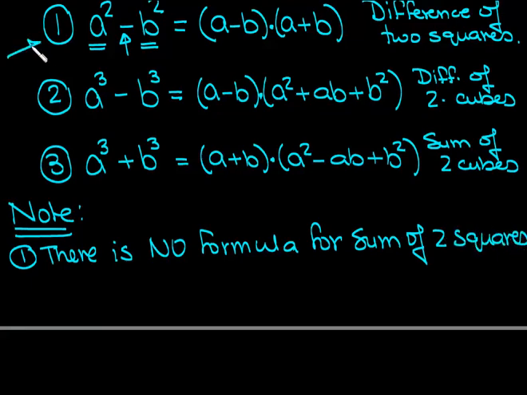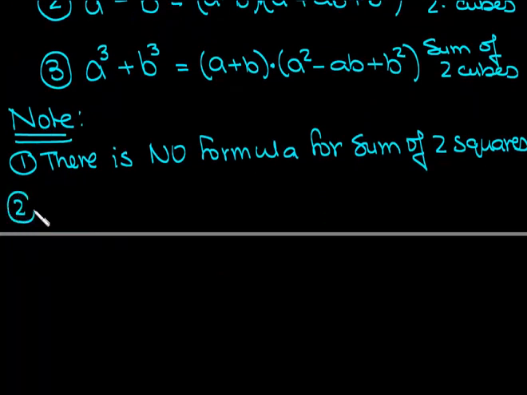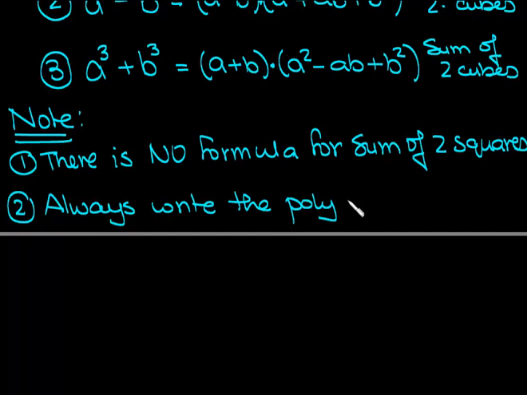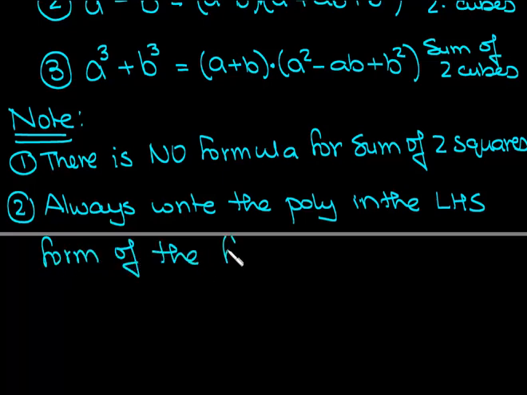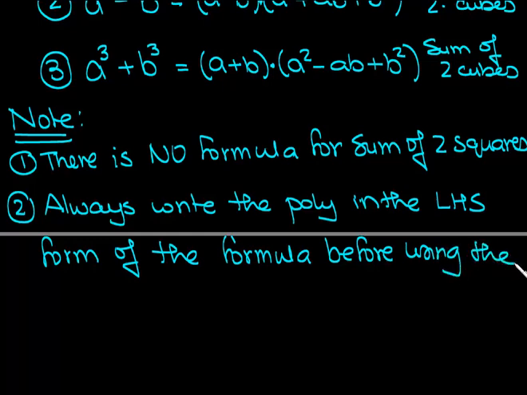There's a formula for difference of two squares, but there's no formula for sum of two squares. The second thing you need to note is always write the polynomial in the left hand side form of the formula before using the formula.